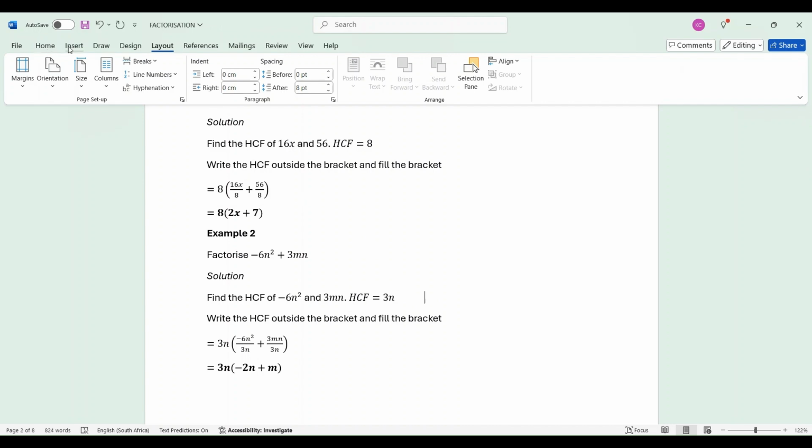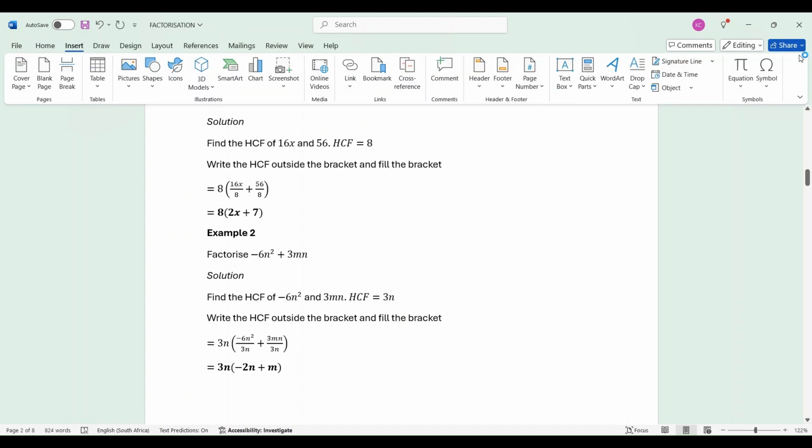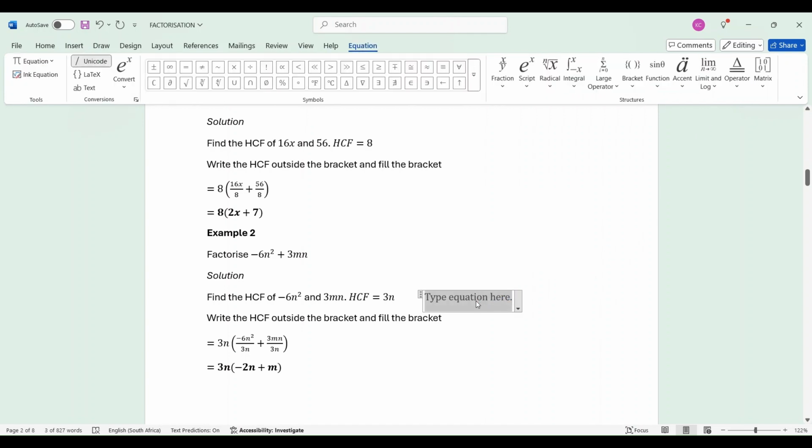Alternatively, we can have a highest common factor which is negative, because our highest common factor can either be positive or negative. So in this case, we can have our highest common factor which is equal to negative 3n. And then we factor out the negative 3n.